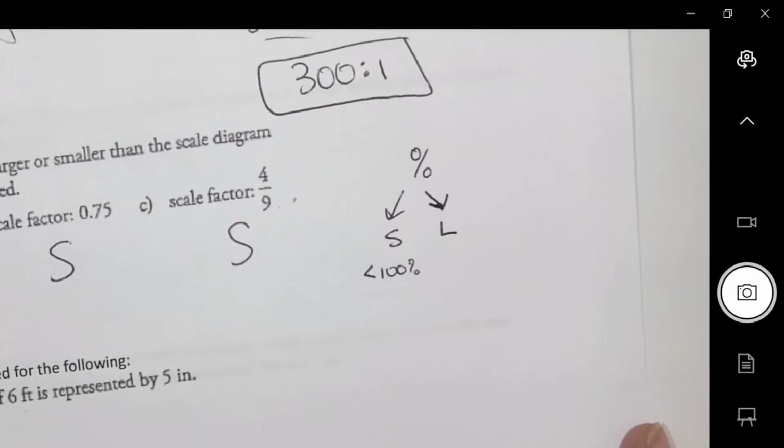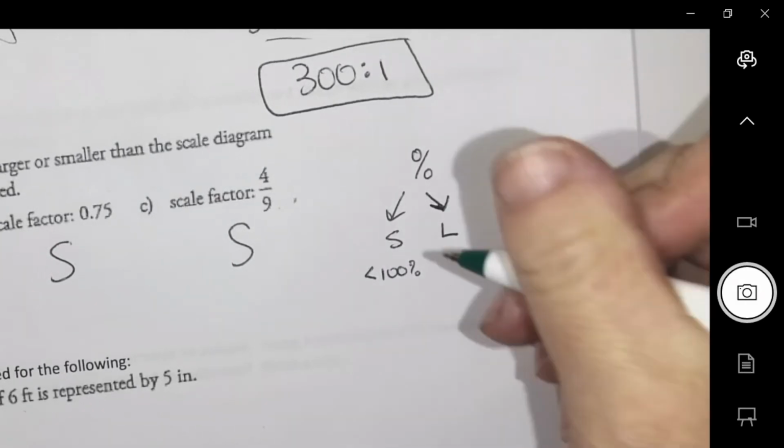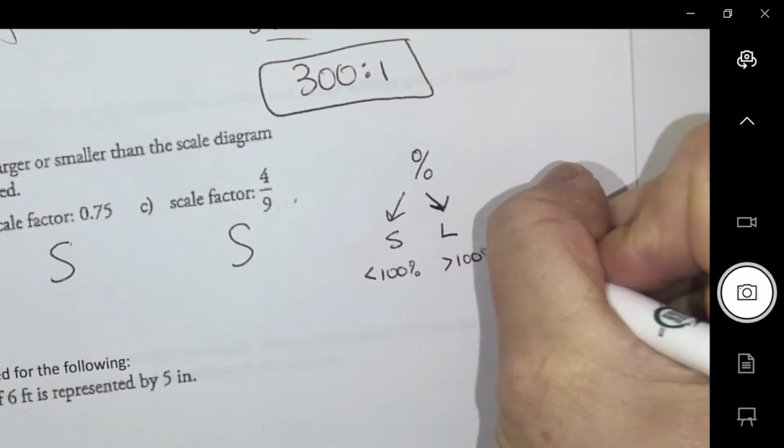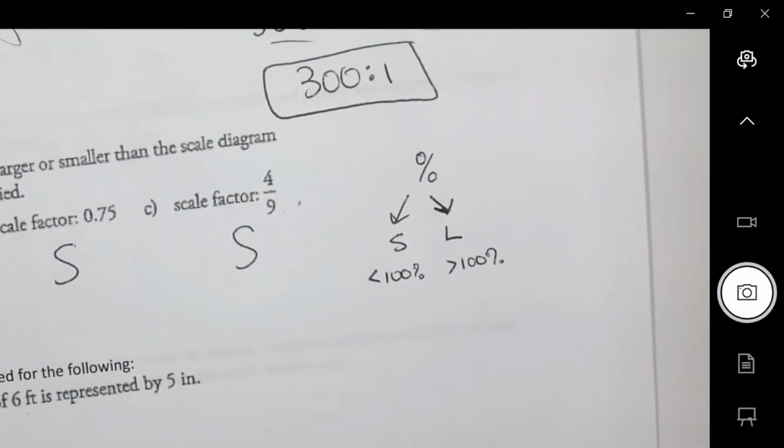So basically, when you're looking at percents, if you go 80% of something, it makes something smaller. If you're over 100%, it makes something bigger. Does that make sense to you? As a percent.